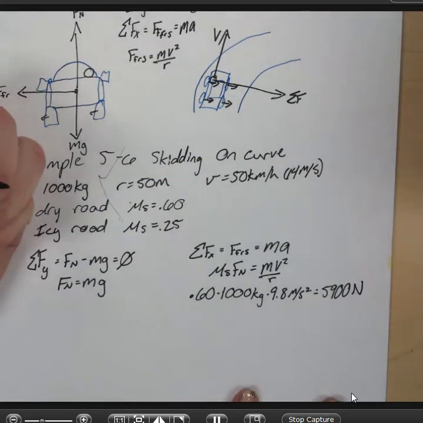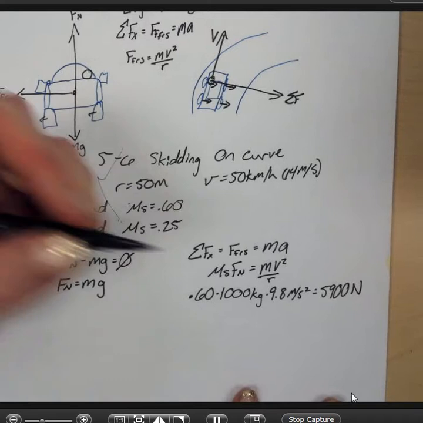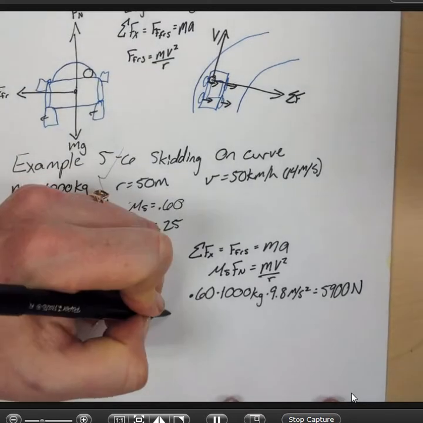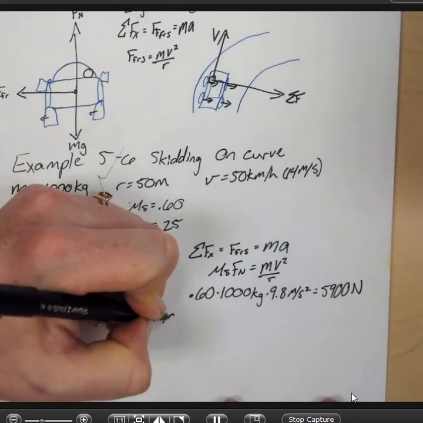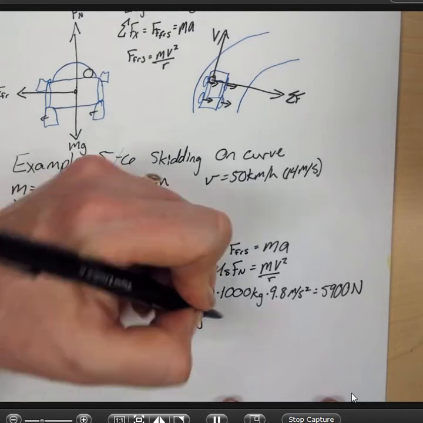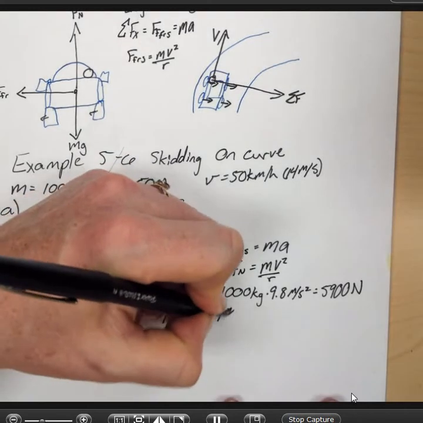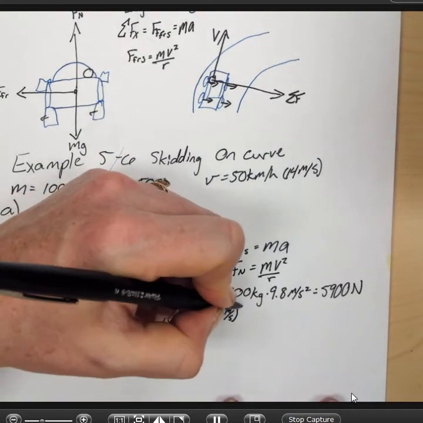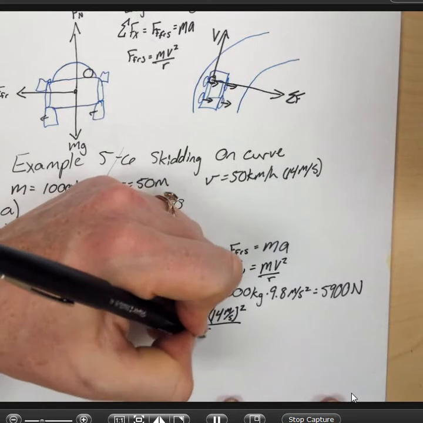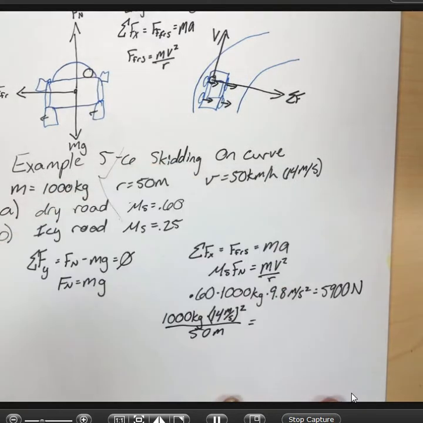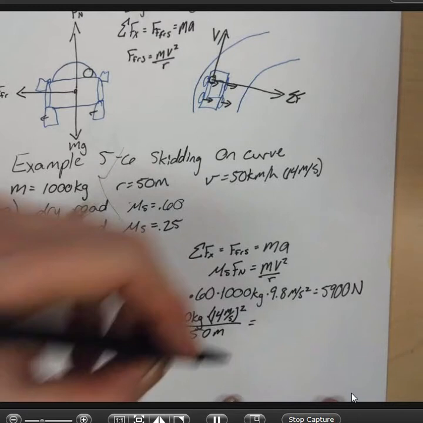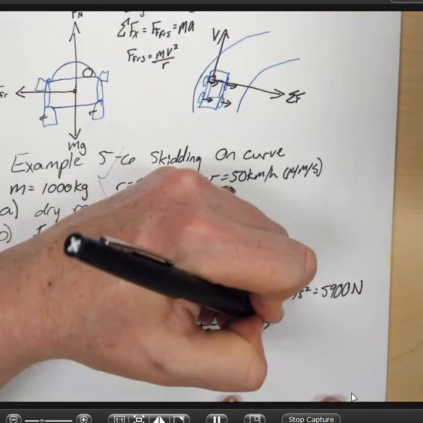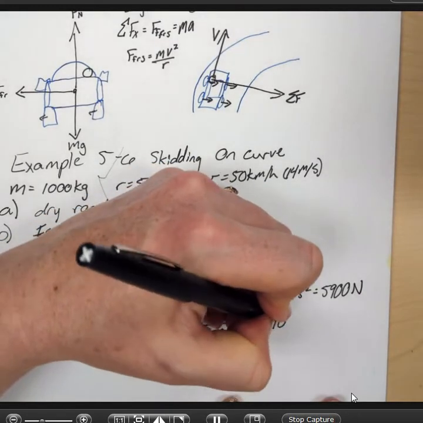Well, now we need to know, is that going to be enough to allow us to travel that circle? That circle is going to be a mass of 1,000 kilograms times a velocity of 14 meters per second squared, divided by a radius of 50 meters. And if I solve for that, I get that we need a force of 3,900 newtons.